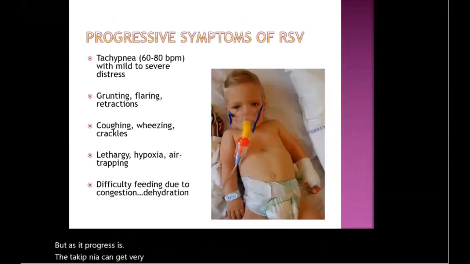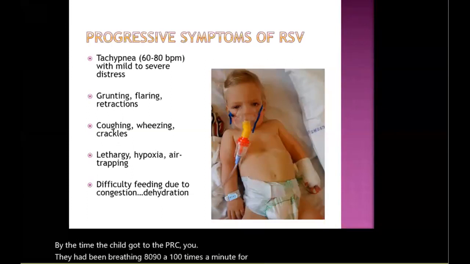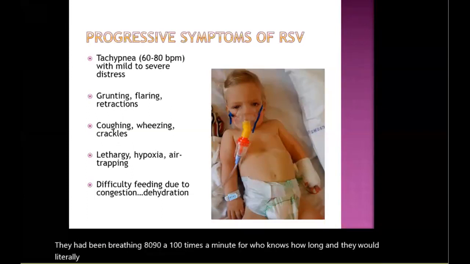These kids, when I first started, Vapotherm didn't exist. So when I first started, by the time the child got to the PICU, they had been breathing 80, 90, 100 times a minute for who knows how long, and they would literally just exhaust themselves to a point where we're seeing spells of apnea, because they're just exhausted.